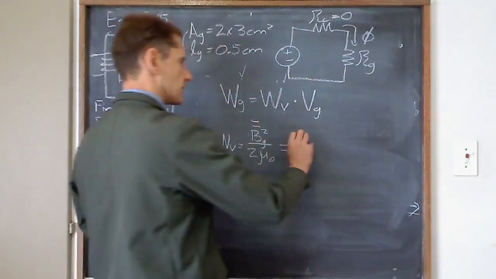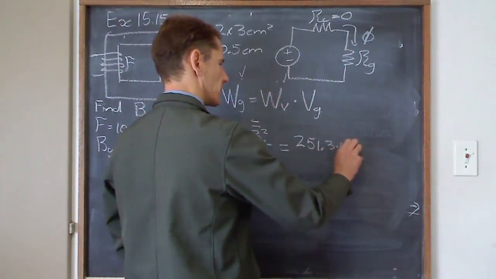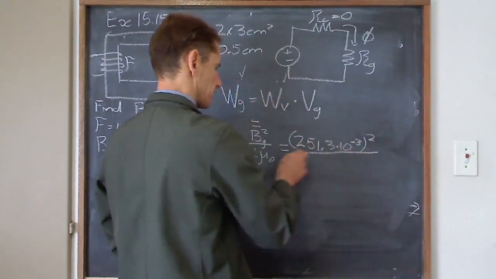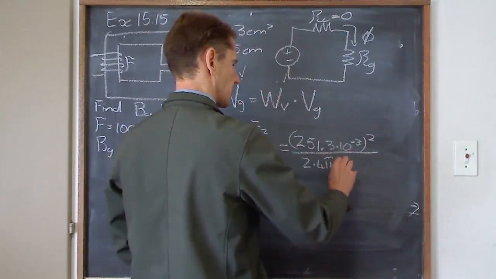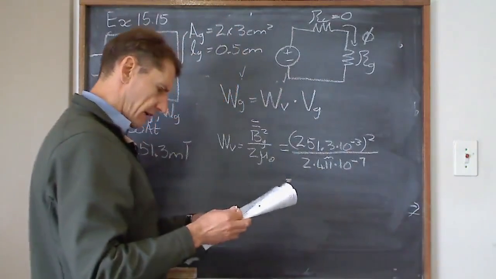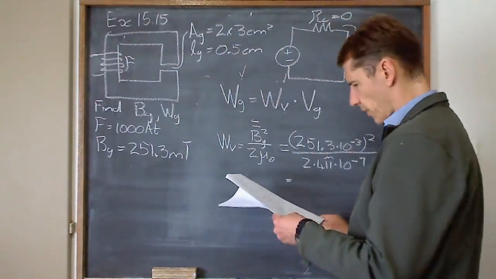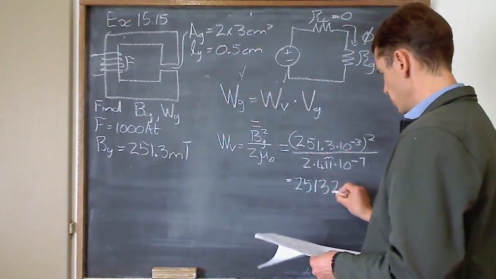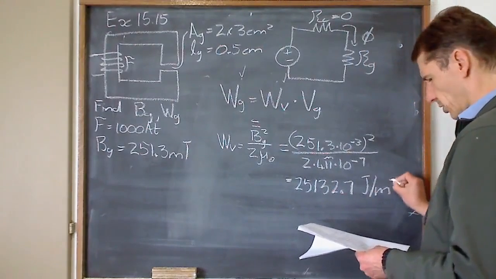We know what that is: 251.3 times 10 to the minus 3, all squared, divided by 2 times 4 pi times 10 to the minus 7. And that gives me a volumetric energy of 25132.7 joules per cubic meter.